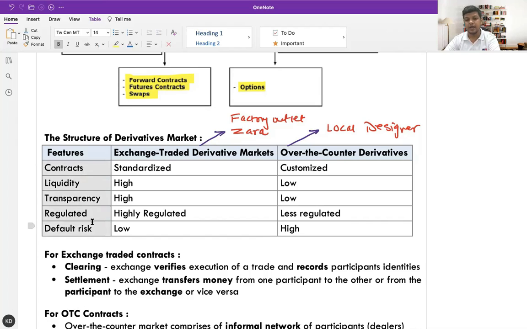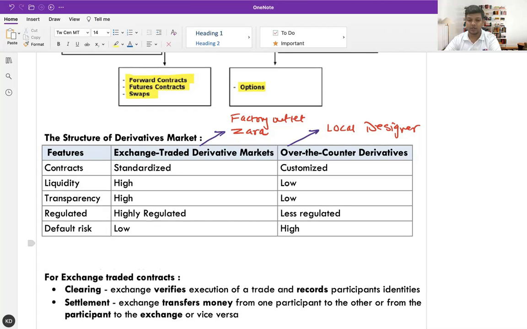Right? Clear. Now, generally students ask me, sir, out of the forwards, futures, swaps and options, which are on OTC and which are on exchange? Now, there's no clear-cut answer to this, but a few things are very sure. For example, swaps and forwards are definitely on OTC.